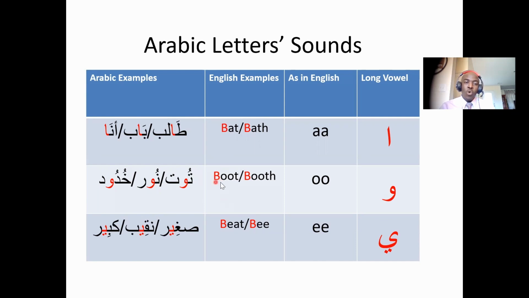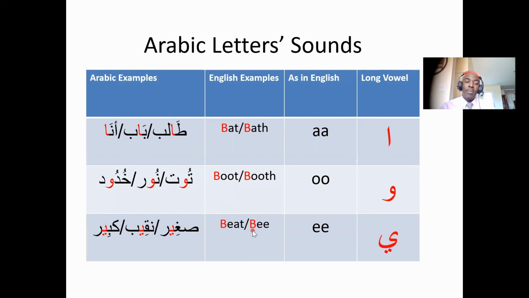So here we say boot, bu, and booth, because these two vowels determine the sound of the letter B. For the third example, the sound of this B is bee, beat, because these two vowels, E and A, determine the sound of the letter B. We have two vowels here, so the two vowels determine the sound.